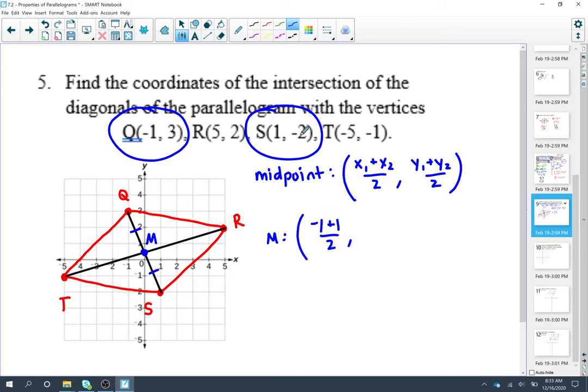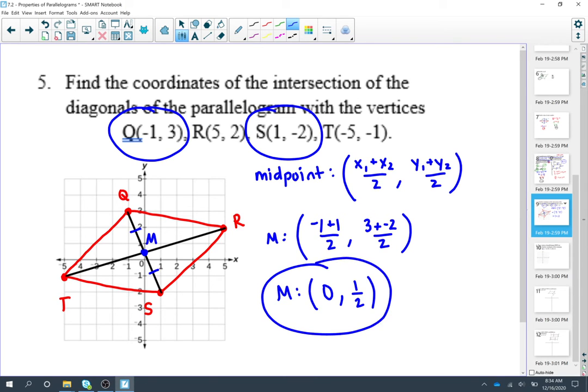I'm going to take 3 plus negative 2 and cut it in half. That's going to get me a point at 0 divided by 2 is 0. And then 3 plus negative 2 is 1, divided by 2 is 1/2. So the coordinates of the intersection are in fact at 0, 1/2.